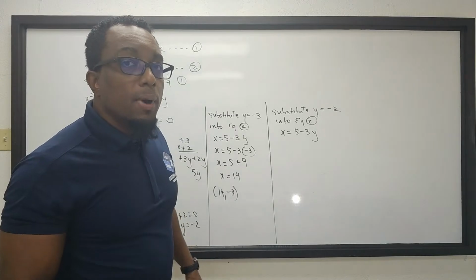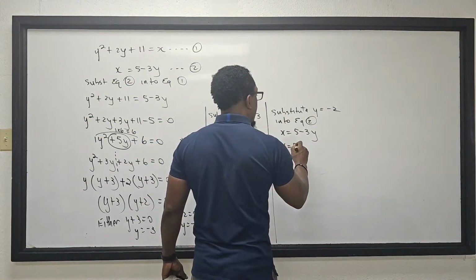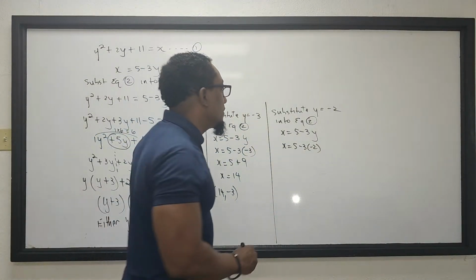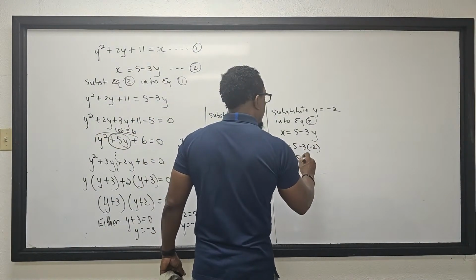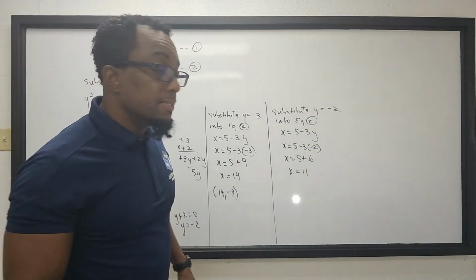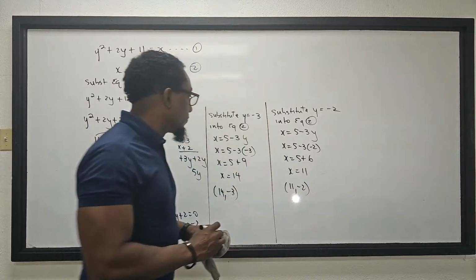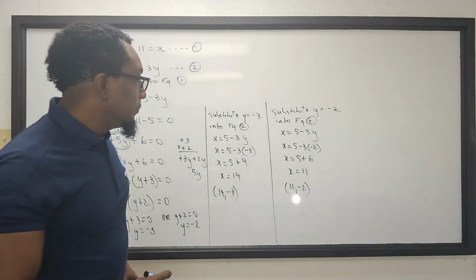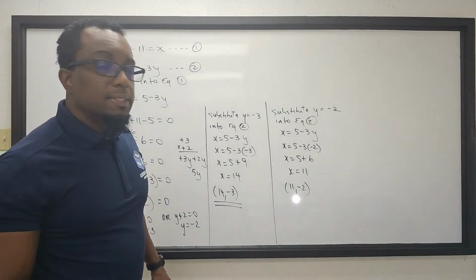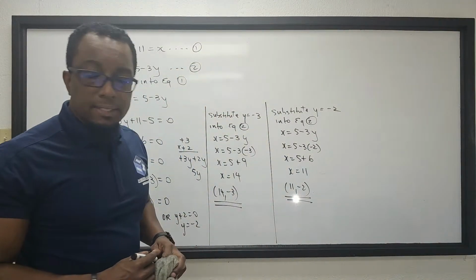So where I see y, I'm going to replace y with negative 2. So x is equal to 5 minus 3 times negative 2 in brackets. x is equal to 5 plus 6, x is 11. So my second point of intersection will be 11, negative 2. So my solution will be 2 points of intersection, the first point 14, negative 3, and the second point 11, negative 2.